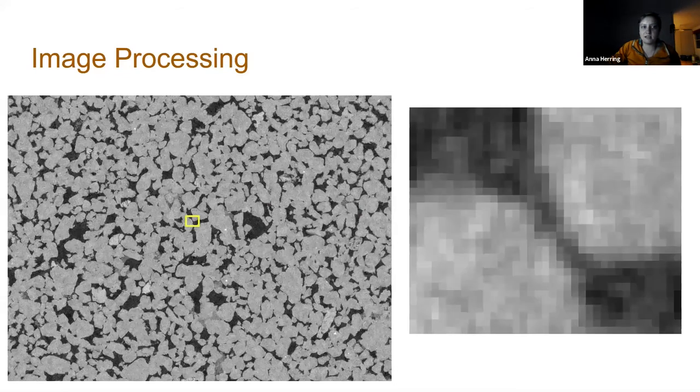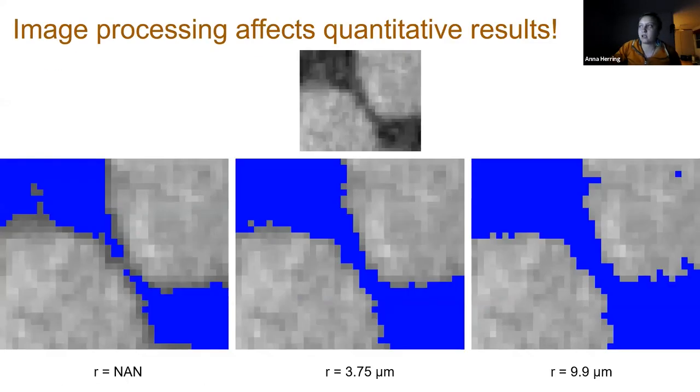So for example, in this larger image, to the human eye, I think it looks like a pretty good image. I can make out what's rock and what's pore space. But when we zoom into this very small region, all of a sudden we can see that it can be very hard to distinguish between the different phases when we're looking at it at that scale.